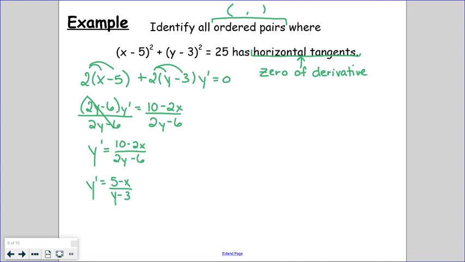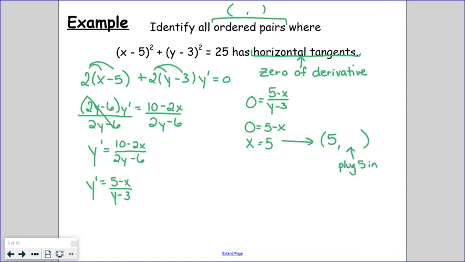So now I want to find the zeros of my derivative. So I'm going to take that derivative and set it equal to 0. Okay, well, if a fraction is going to equal 0, it's going to be the numerator. Solve for x, and I find out that x equals 5. So I know now that in my ordered pair, it's going to be 5 comma something, and that something comes from when I plug 5 into the original function.